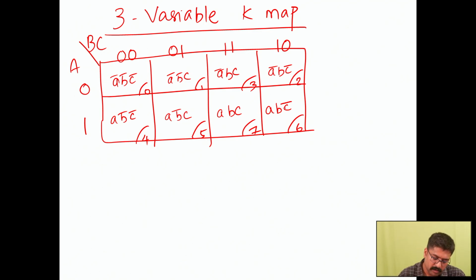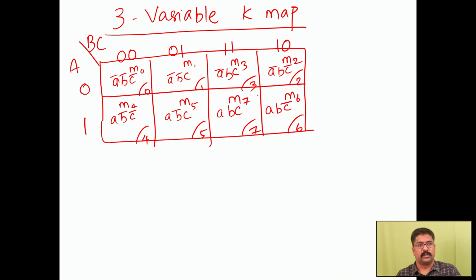Another way you can represent this is M0, M1, M2, M3, M4, M5, M6, M7. You can represent using your min terms, using the expressions, or binary values, whatever it may be. Now let us take one example of how to enter the cells.